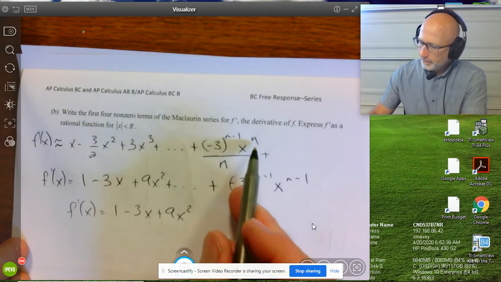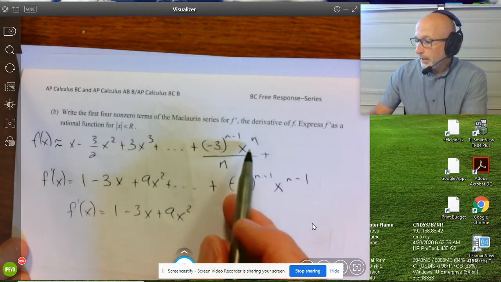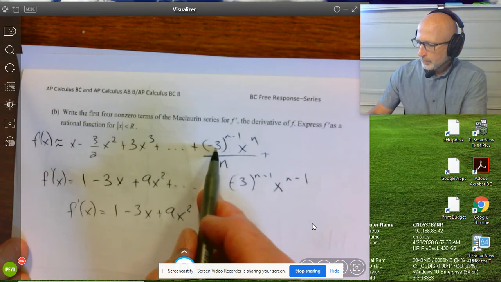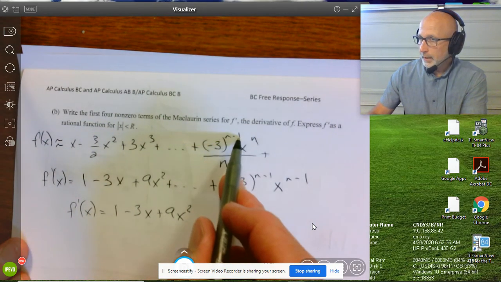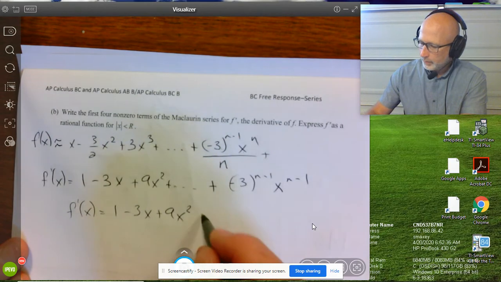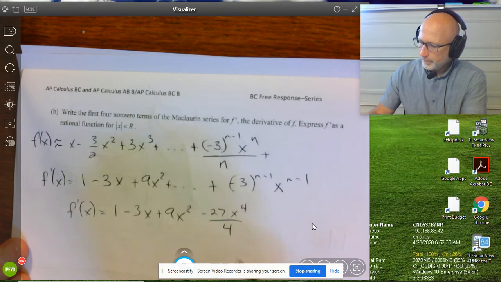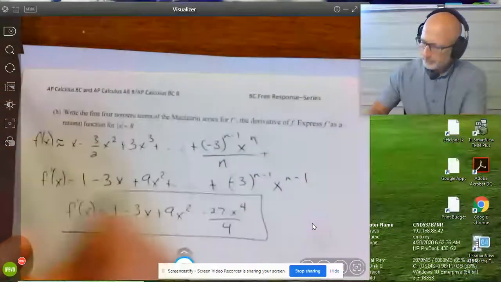Then you plug in 4 here, so you have negative 3 to the 4 minus 1. That's negative 3 cubed, so this is negative 27 x to the 4th all over 4. And that's it.